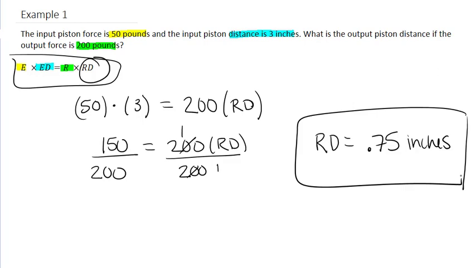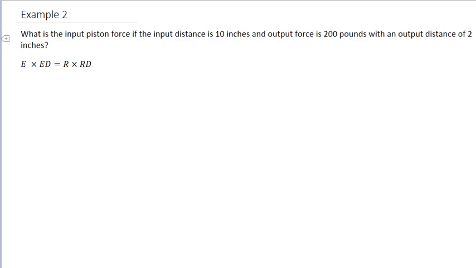Now let's look at another example. Example 2. What is the input piston force if the input distance is 10 inches and the output force is 200 pounds, with an output distance of 2 inches? Once again, we are solving the same equation, but this time we're asking what the input piston force is.